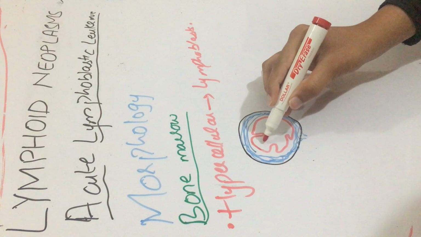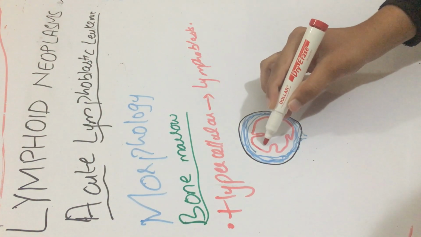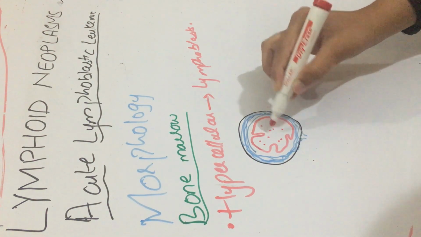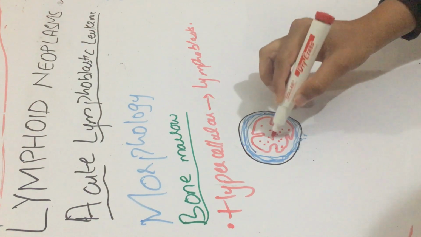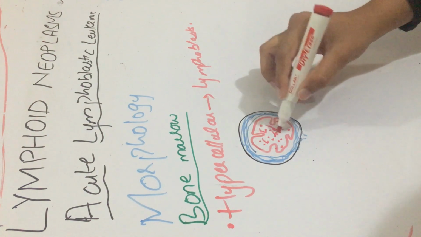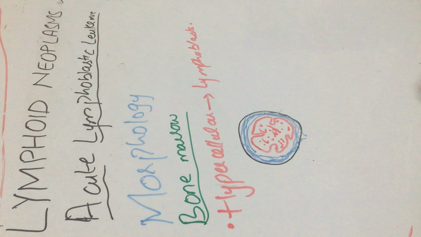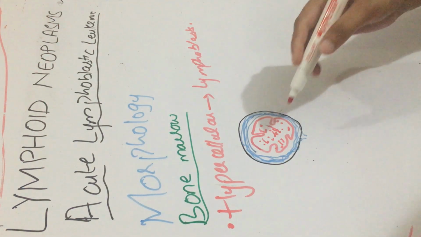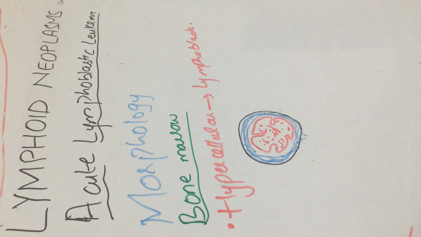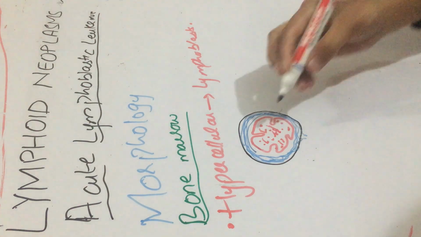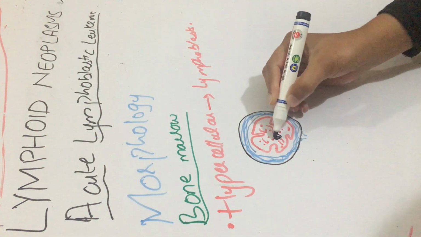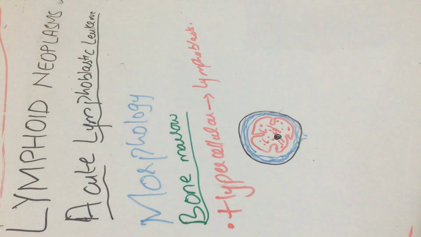In the nucleus, the nuclear chromatin is stippled and delicate, because the chromatin is open, and in open configuration the cells are rapidly dividing. That's why it looks like this. Small nucleoli are present, well demarcated by the chromatin.